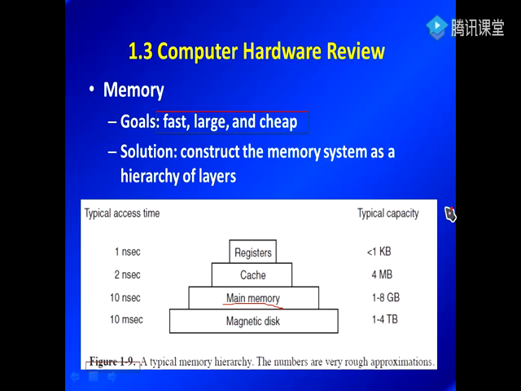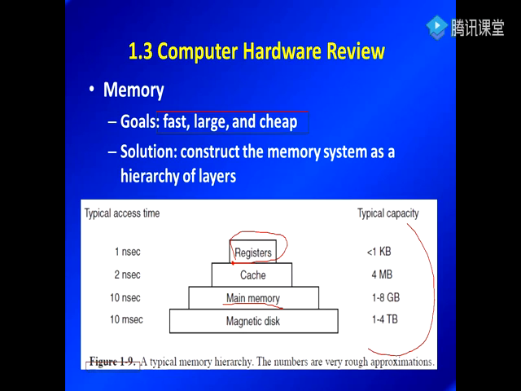Here on this slide, we talk about these 4 different layers, which can all store data, instructions, programs and software. You'll see the registers in the CPU, which we just discussed in the last part.